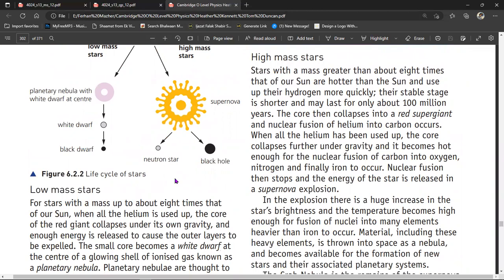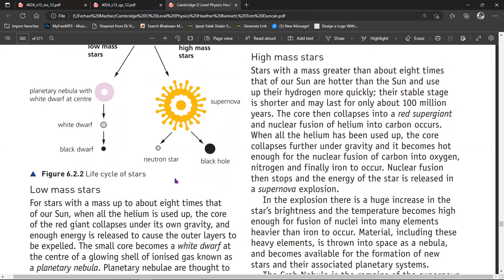The core then collapses into a red supergiant, and nuclear fusion of helium into carbon occurs. When all the helium has been used up, the core collapses further under gravity and it becomes hot enough for the nuclear fusion of carbon into oxygen, nitrogen, and finally iron to occur.